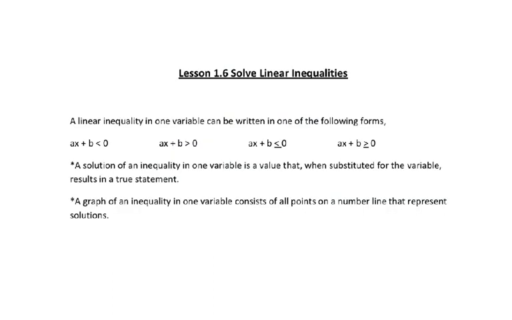So, inequalities, we know from back in the day, we've got these four different symbols. They are less than, greater than, less than or equal to, greater than or equal to. And they basically mean that the answer covers a range instead of just having one answer.